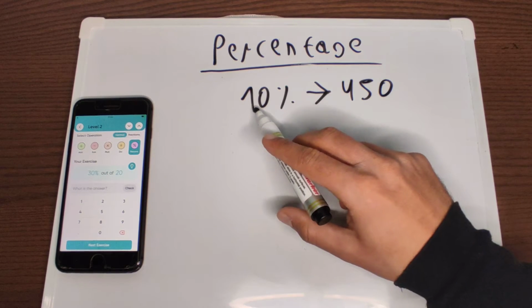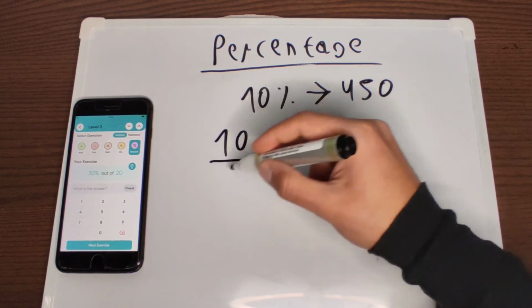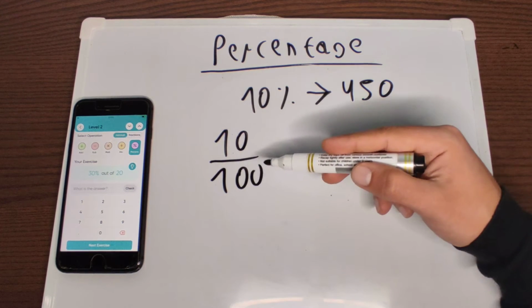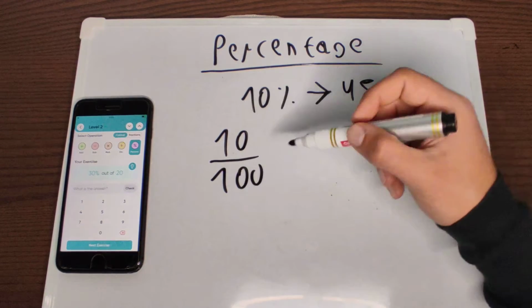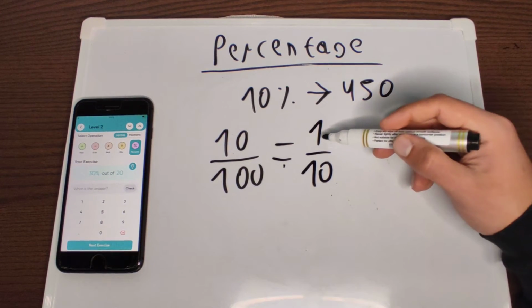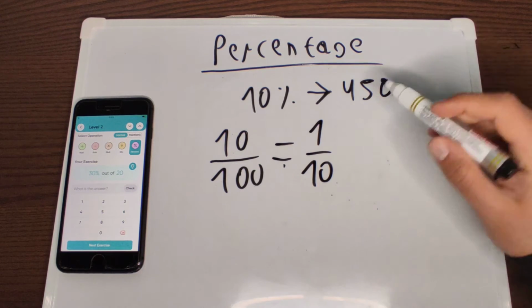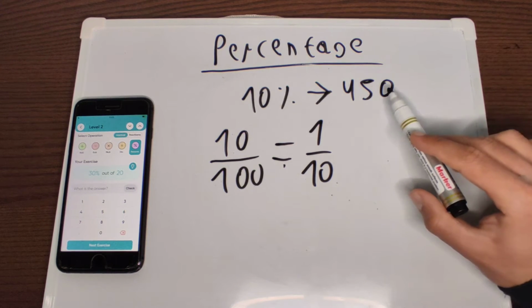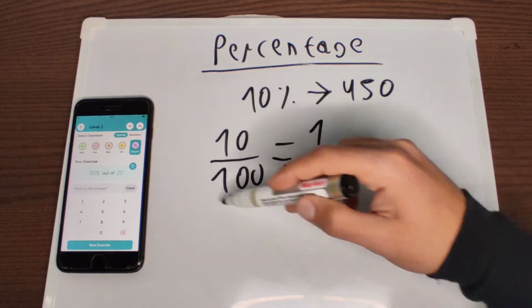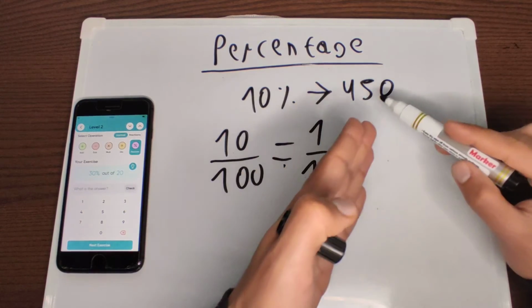We will convert the percents into a fraction, which becomes 10 over 100, but 10 over 100 is actually 1/10, yeah? And 1/10 then needs to be multiplied by the 450, because to calculate percents, we take the fraction which represents the percents, and then multiply it with the amount.